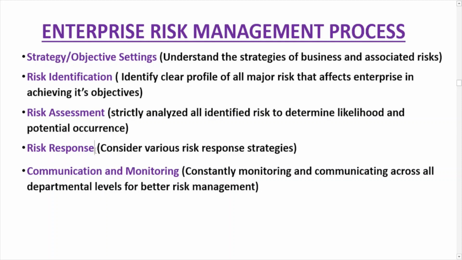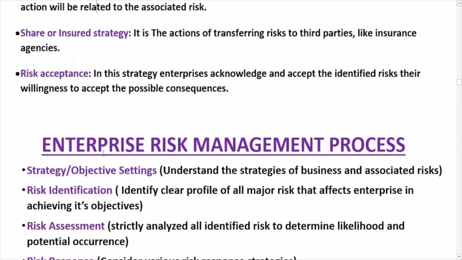Then we have risk response. In this step, risk managers consider various risk response strategies and select appropriate actionable paths to align identified risk with management's risk tolerance. As we saw in our example above, with the risk response strategy of alternative actions, we took the example of ABC Enterprise, based in Pakistan, that manufactures towels.